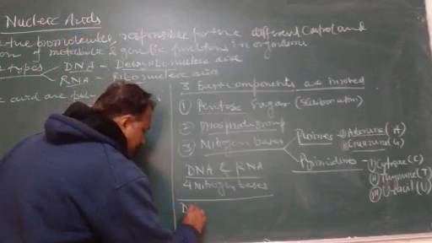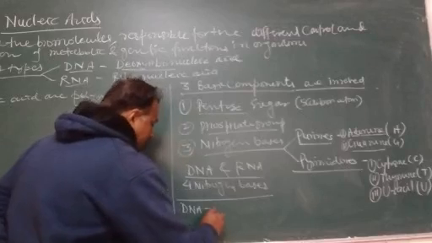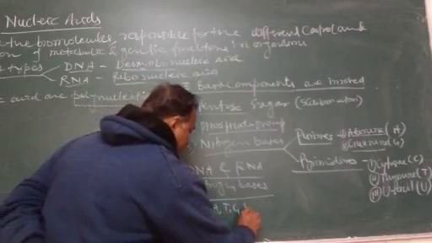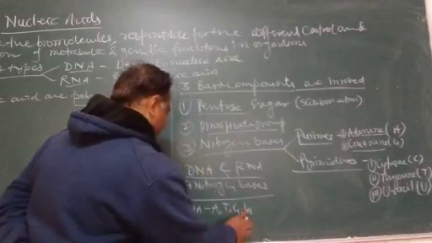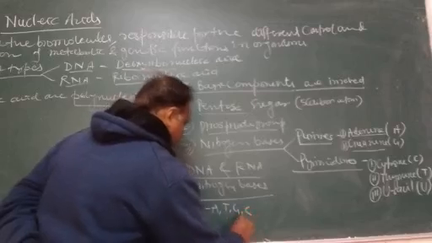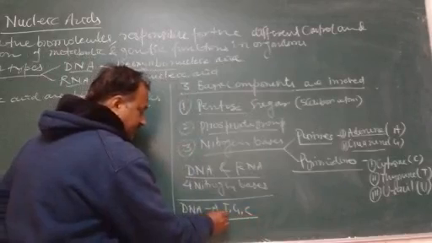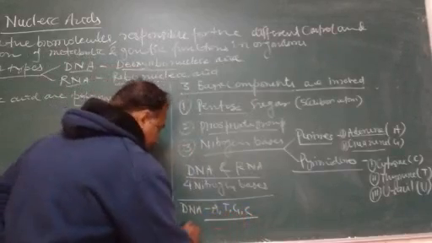So DNA has adenine, thymine, cytosine and guanine. Adenine, thymine, guanine and cytosine.